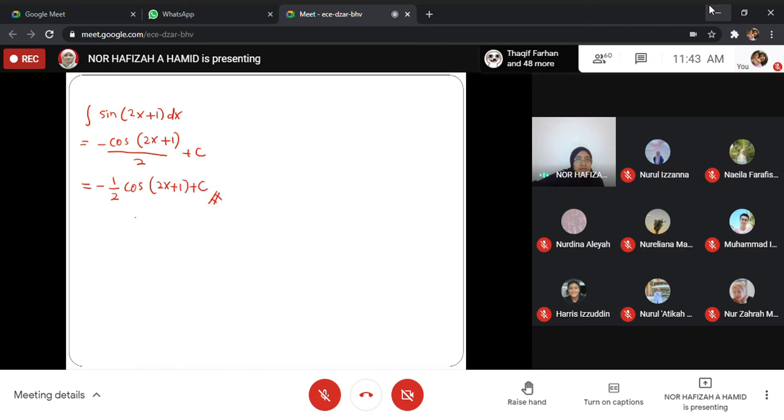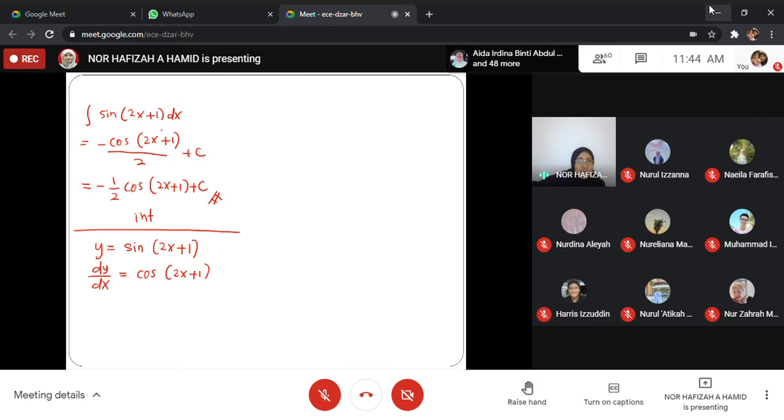Okay, so ni for integration. So kalau differentiation, contoh saya ambil function yang sama, y equal to sin 2x plus 1. Ni chapter 1 kalau saya nak differentiate. Okay, dy over dx. So differentiate sin, you akan dapat positive cos. So cos 2x plus 1. So kalau you tengok first step dia sama je macam you integrate.